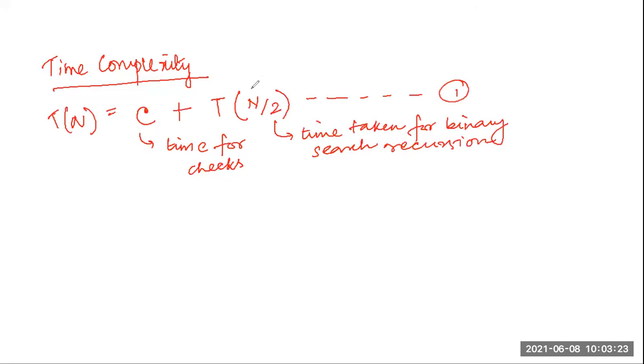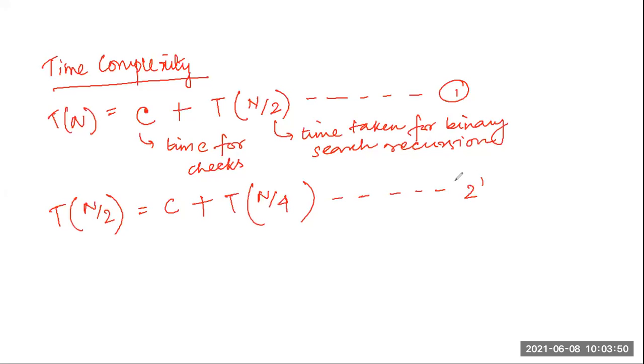So if in the first instance I take the time T of n by 2, then for the second instance, that is, if I now have n by 2 elements, how much time will I take? T of n by 4, right? We will substitute. Suppose this is my equation number 2.